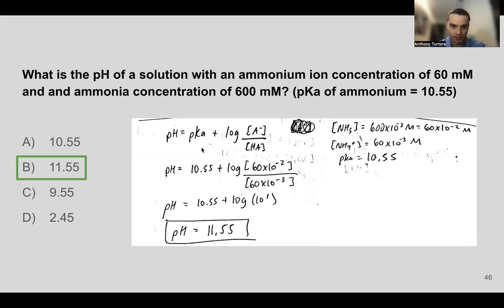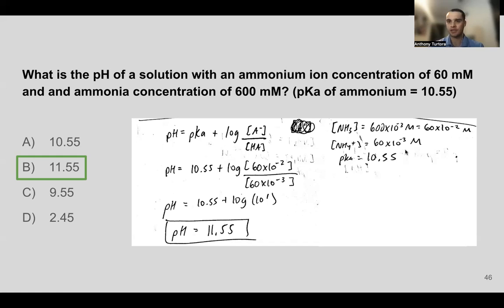So as you can see here, I have pH equals pKa plus the log of my conjugate base over the weak acid concentration here. All right. And then I wrote down the concentrations that I do have. I have 600 times 10 to the negative third molar, 60 times 10 to the negative third molar.